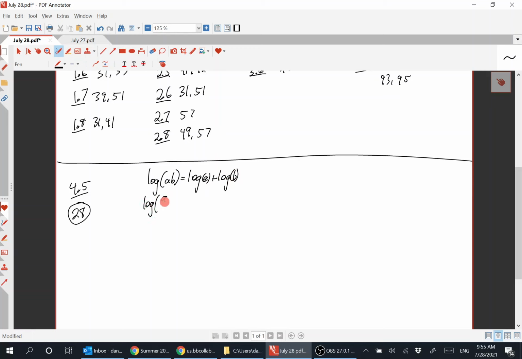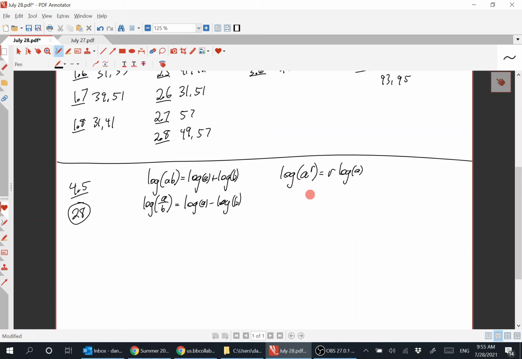Log of A over B is log of A minus log of B. And most importantly is this one. Log of A to the R is R times log of A. Again, for any base.